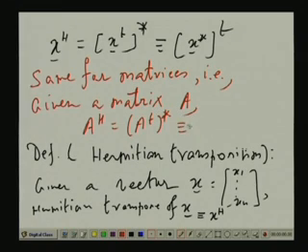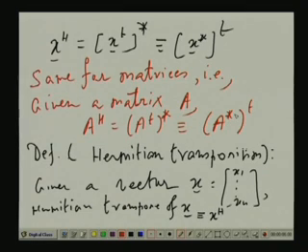Or equivalently you first conjugate all the elements, then transpose. Either way you will get the same thing.